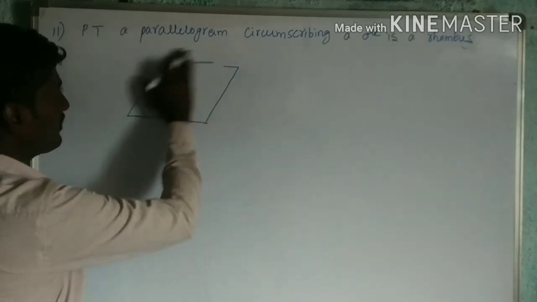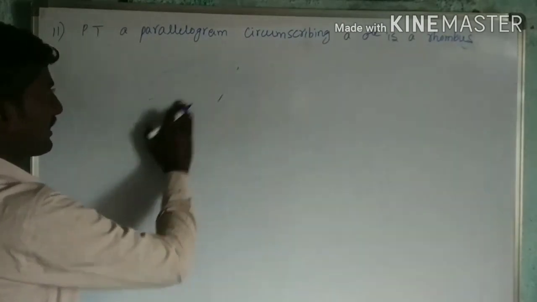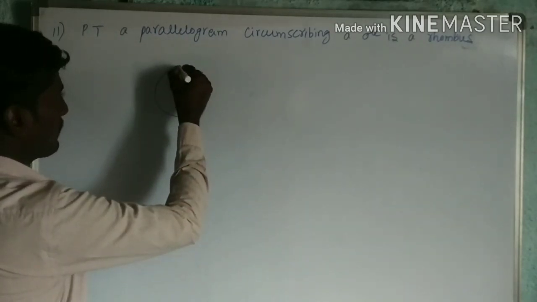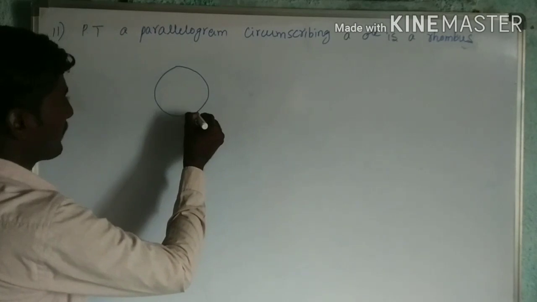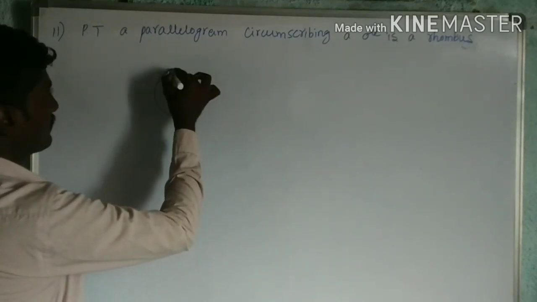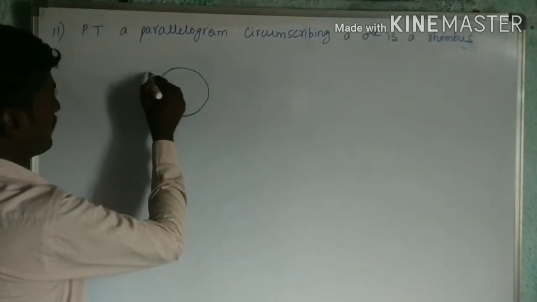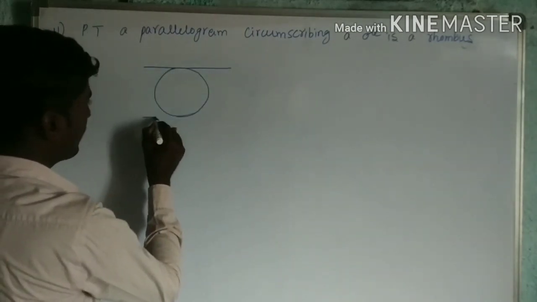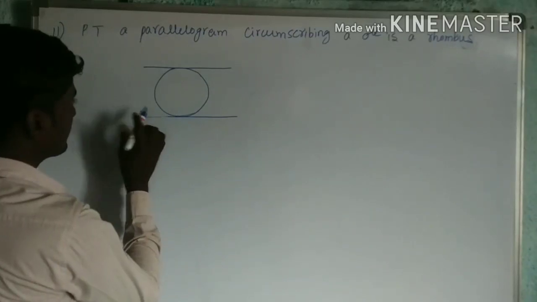Now first I will draw the circle, then after I can draw the parallelogram. So this is a circle. Now from this, so these are the two parallel lines.